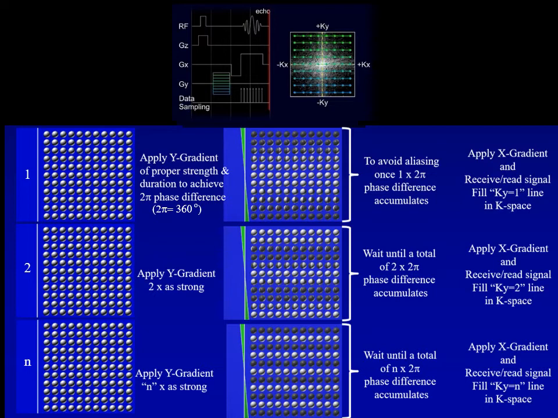And if you look at the image, we have the maximum number of lines in the y direction once we get to this nth step. The x gradient is applied again. We read and receive the signal and fill the final line of k-space, the ky equal to n line.